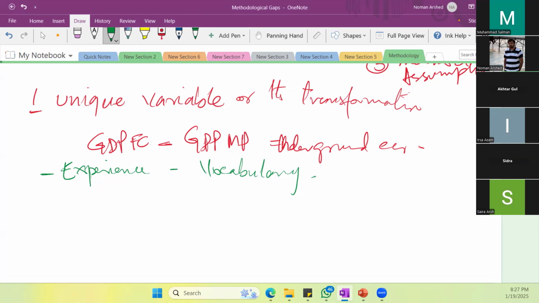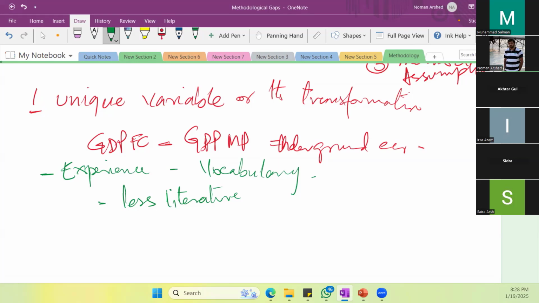And if he has vocabulary, meaning he keeps an eye on secondary data sources, when he finds a new variable, his intuition will automatically click that this variable is new. How to confirm it? You will find less literature, or maybe you will find something opposite to what you were trying to find.